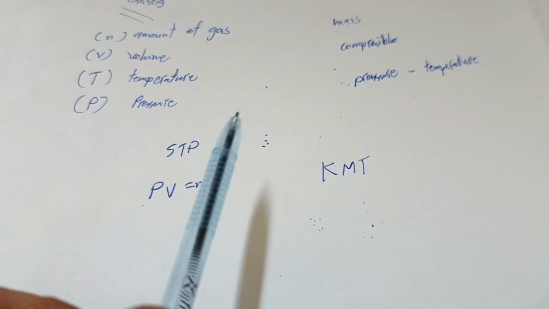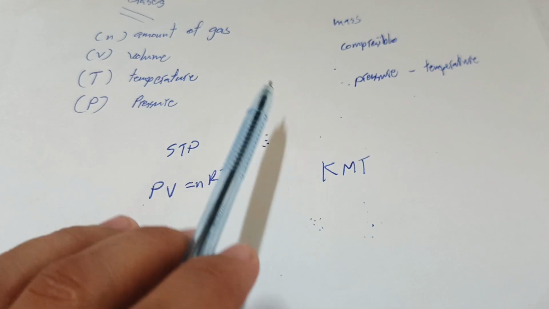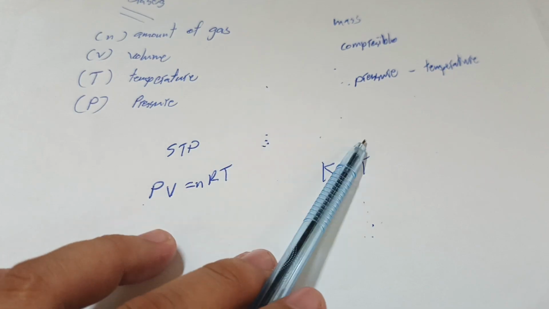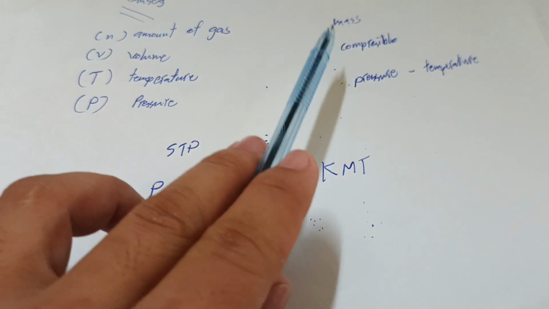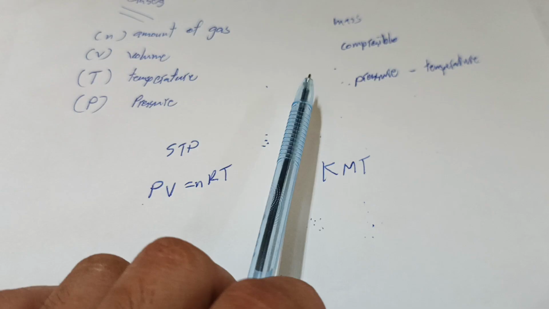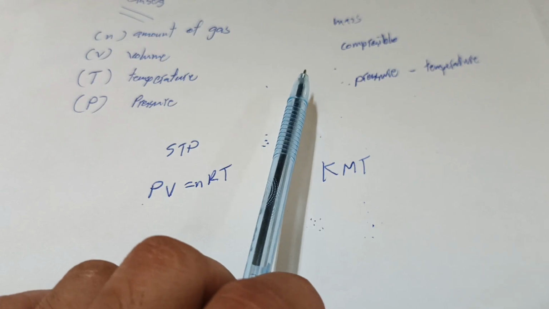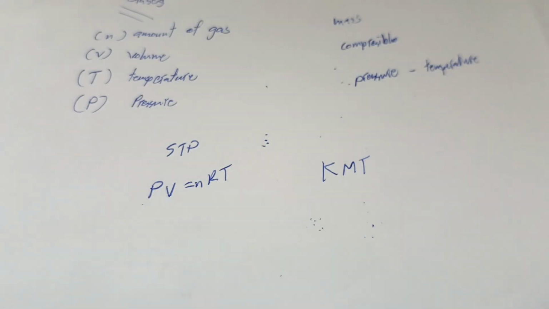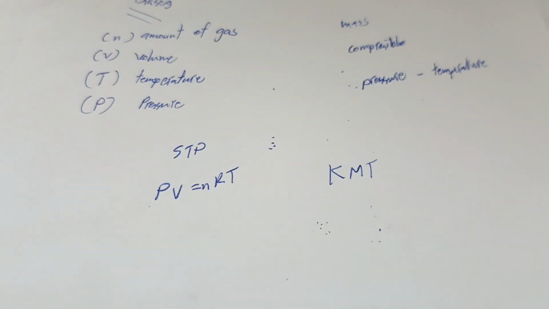Hence, these large distances allow gases to be pushed closer together, and so gases are easily compressed. The third statement, according to the three scientists, is that gas particles are in constant rapid random motion.